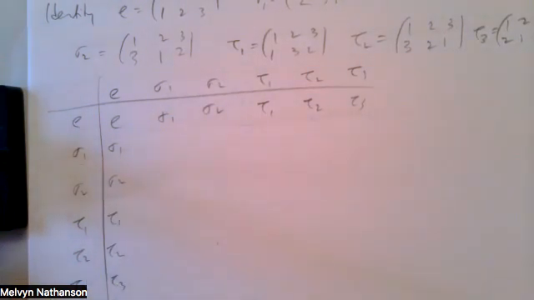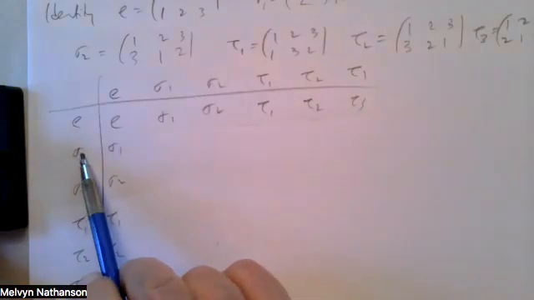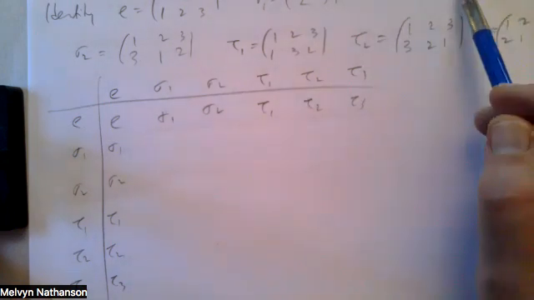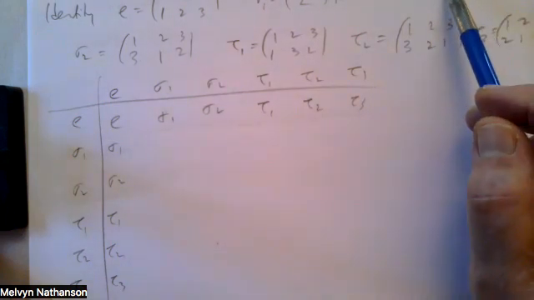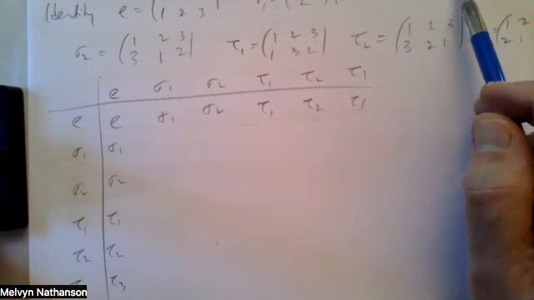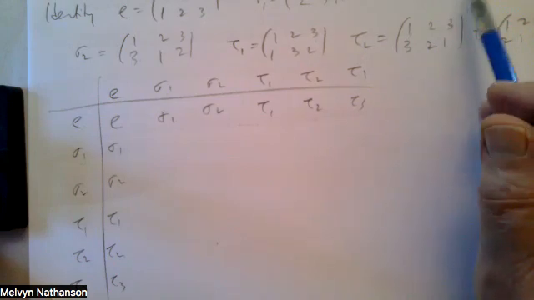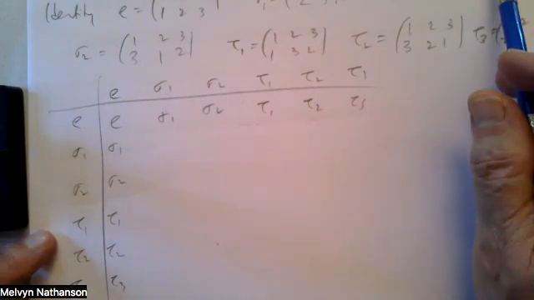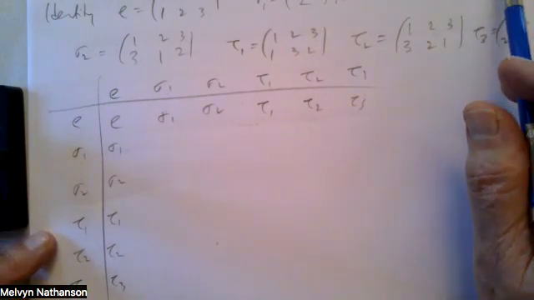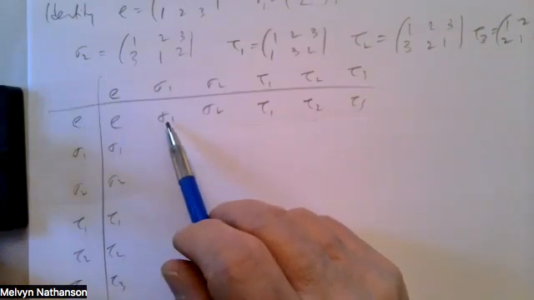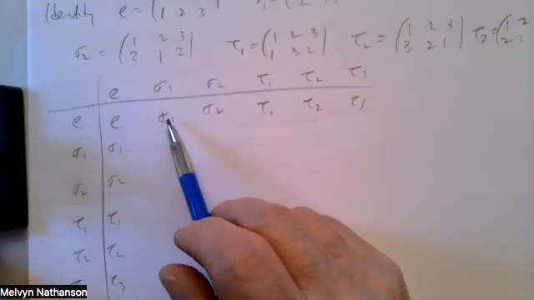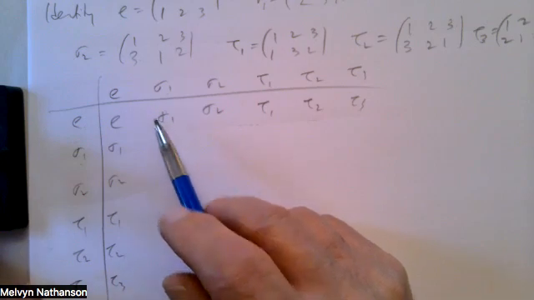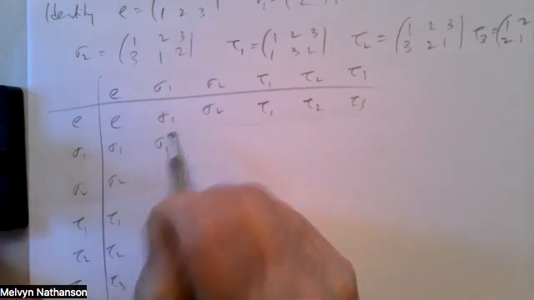Okay. What is sigma 1 times sigma 1? So sigma 1 is you rotate by 1 step around, by 2 pi over 3 radians. So 1 goes to 2, and then you apply sigma 1 again, 2 goes to 3. So if you think of this as a rotation of the points of an equilateral triangle, rotating and rotating again is a double rotation.